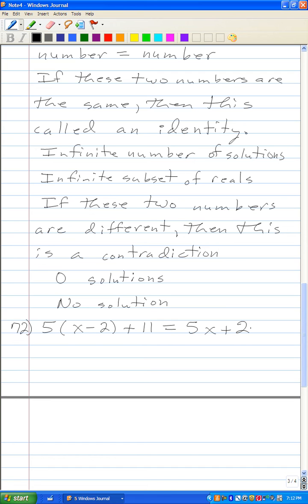So we're going to have to solve this using the same technique that we've done before. But then at the end, we will be able to determine if this is a contradiction, an identity, or some sort of conditional equation, depending if the x's remain or if they cancel out.